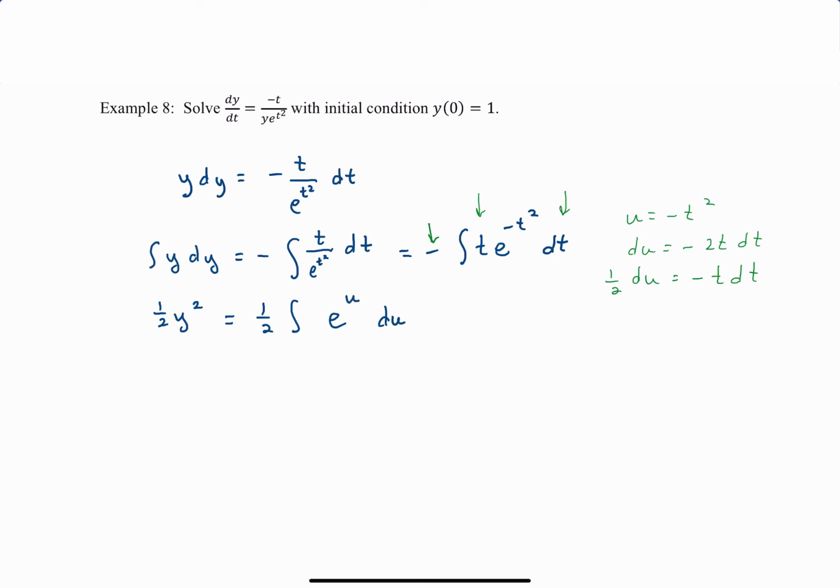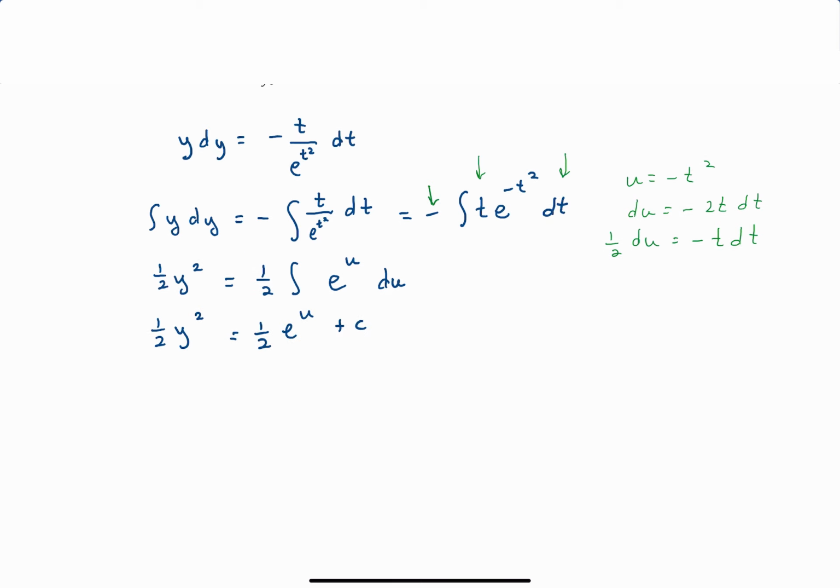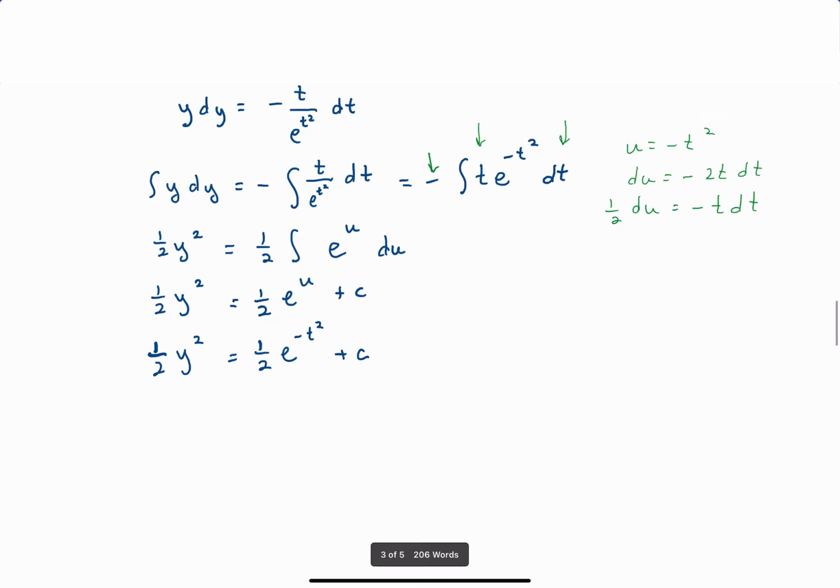So integrating, at this point we'll have 1/2 y squared equals 1/2 e to the u plus c. Putting in what u really is, u is our name for minus t squared. And now we want to solve for y.